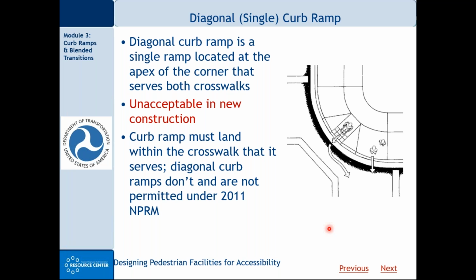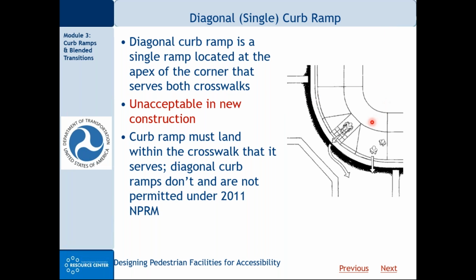And the principal reason, you can see here, is that the curb ramp must land within the crosswalk it serves. And notice this one does not. And again, I'd mentioned that just installing these pavement marking lines here does not mean that this ramp lands in the crosswalk. It would need to be over here or over here to land in the crosswalk.